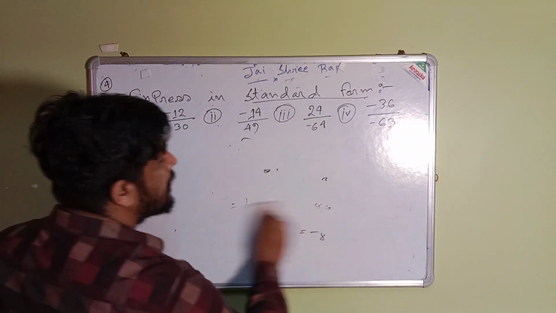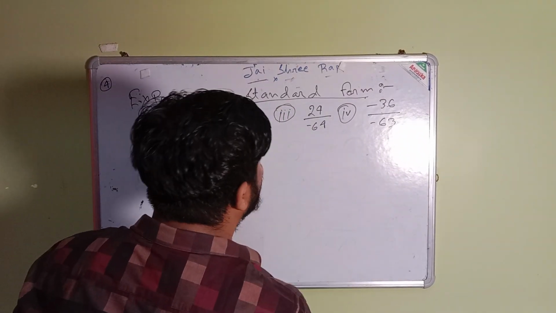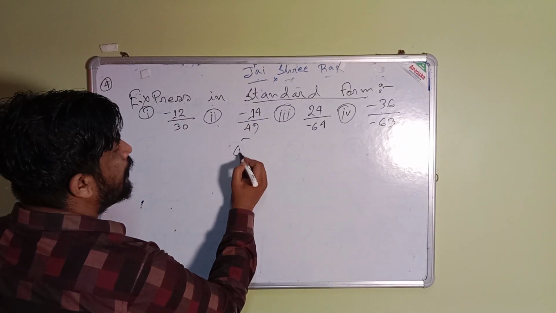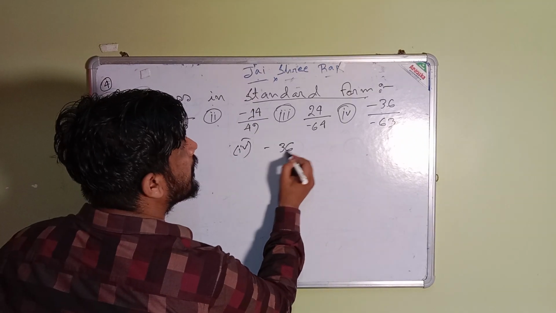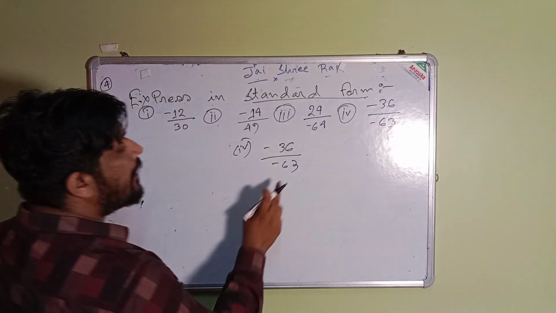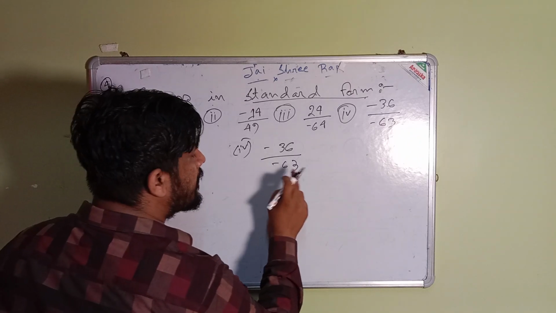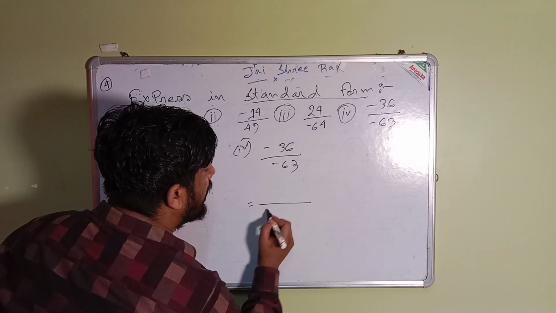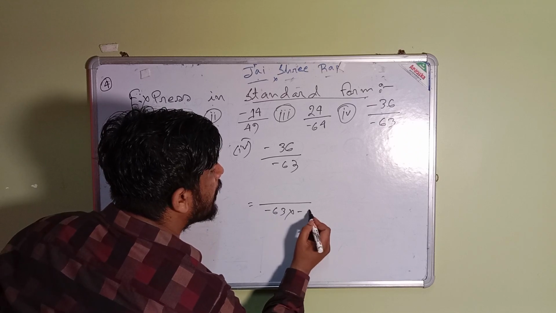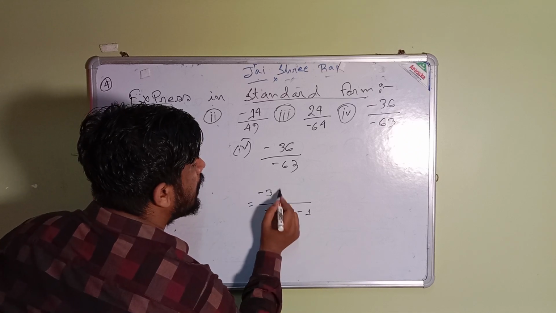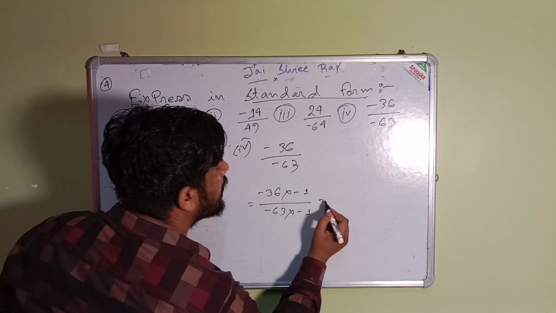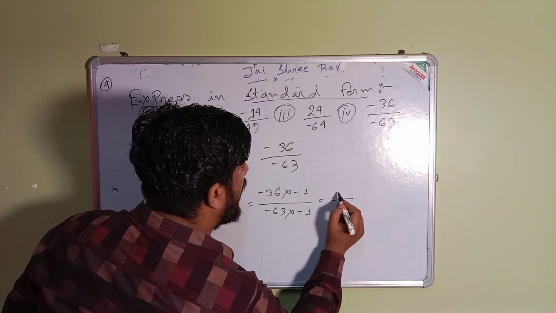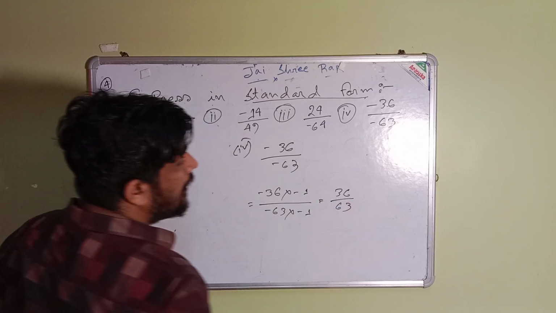Next question is number 4: minus 36 by minus 63. Here also the denominator is negative, so we multiply minus 63 by minus 1, and the upper one is also multiplied by minus 1. So the answer is 36 by 63.